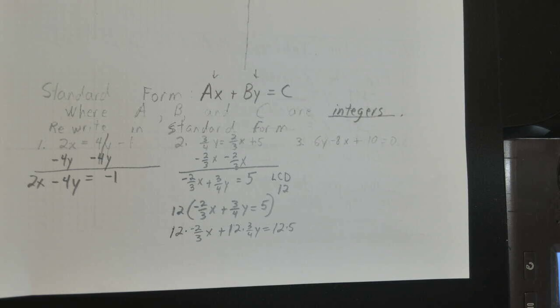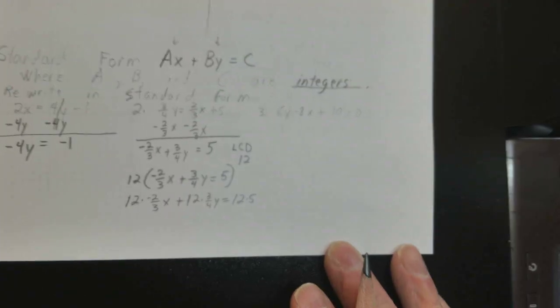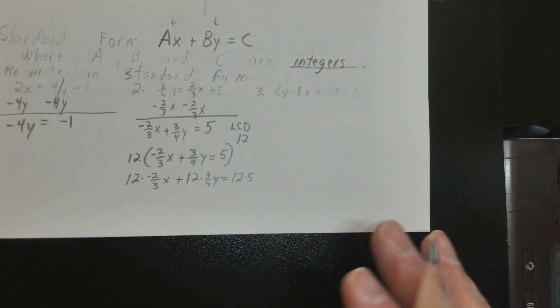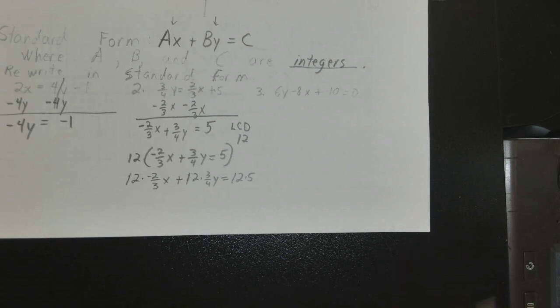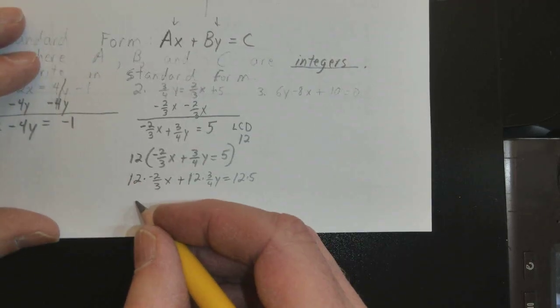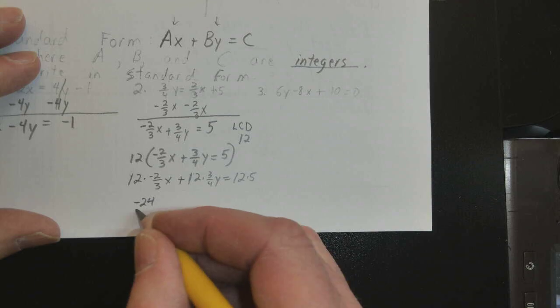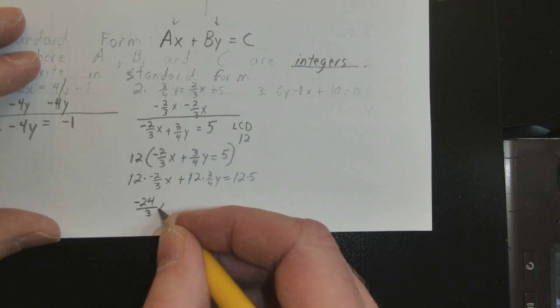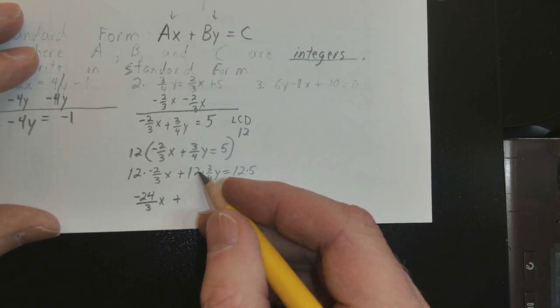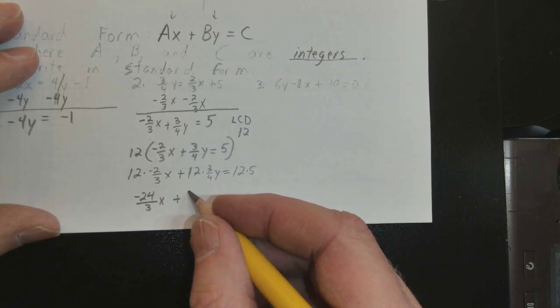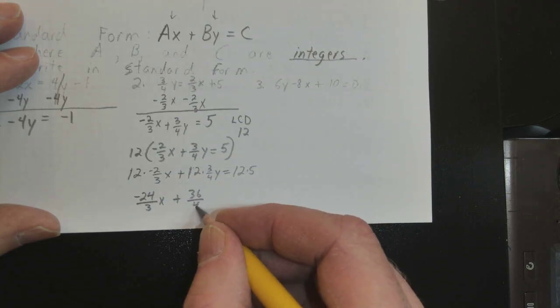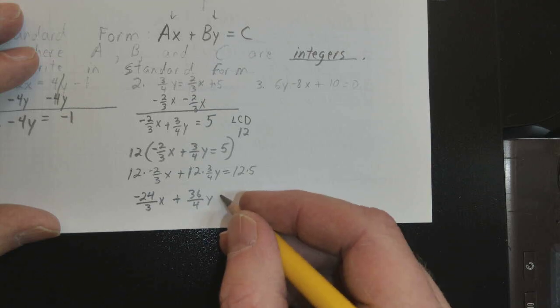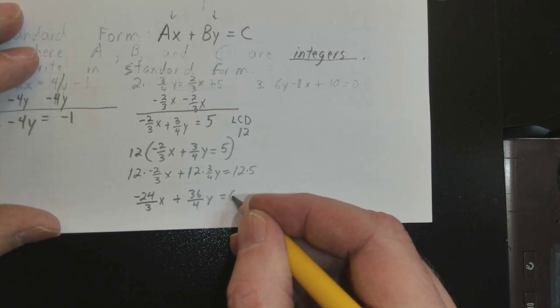So you see 12 is by every single term. Now 12 times negative 2 is negative 24. So that's negative 24 over 3x. 12 times 3/4, that is 36 over 4y. And 12 times 5 is 60.